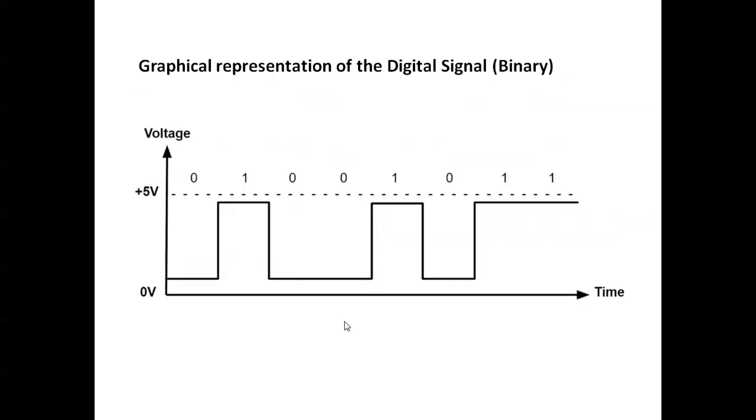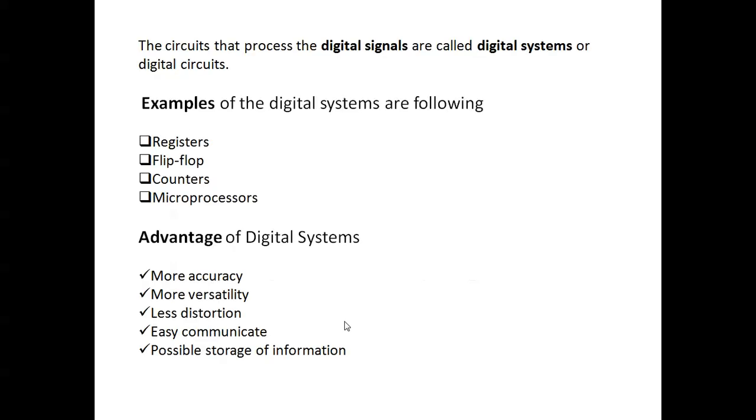This is the graphical representation of a digital signal. The binary number is 0 or 1. The x-axis is the time period running and the y-axis is voltage, with the maximum voltage of 5 being 1, otherwise it goes to 0 volts. So there are only two levels, 0 or 1. The circuits that process digital signals are called digital circuits.